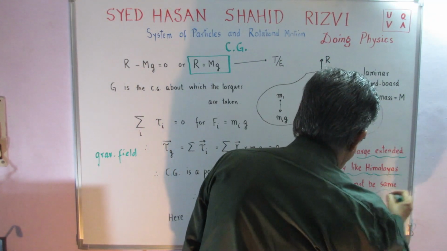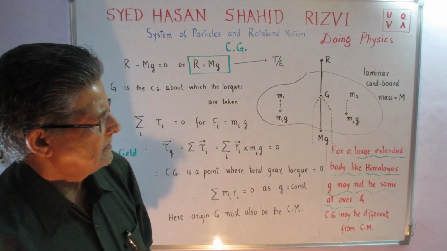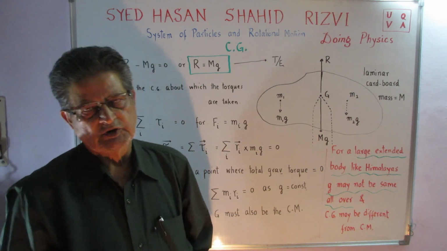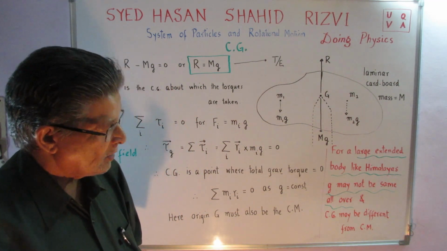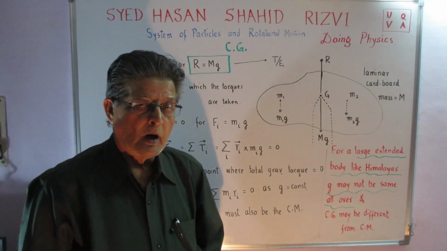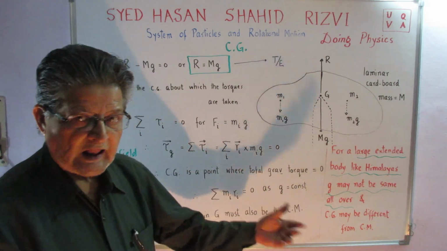G depends on the height from the surface of the earth, and on the location of the point, on the longitude and the latitude.